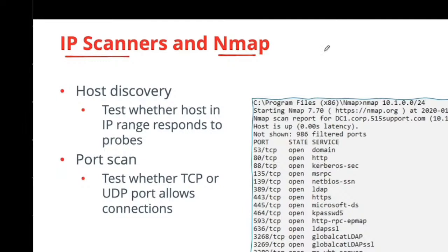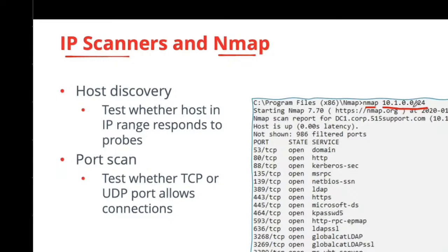You can see the syntax over here: Nmap space 10.1.0.0/24. That's basically the IP address range. This command will go and try to ping and get the open port numbers in all the 255 IP addresses, starting from 10.1.0.1 to 10.1.0.255.